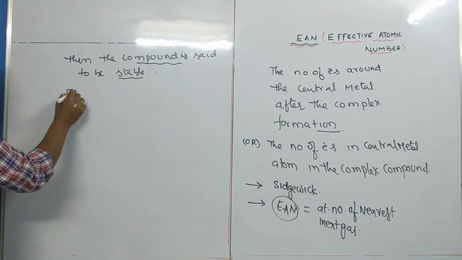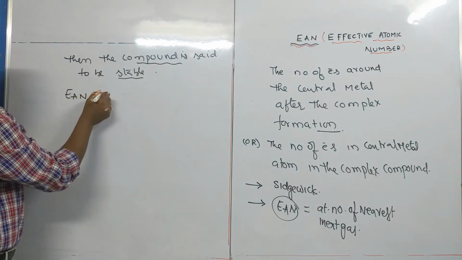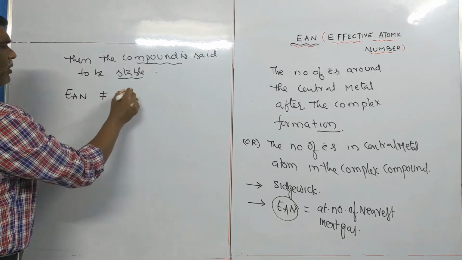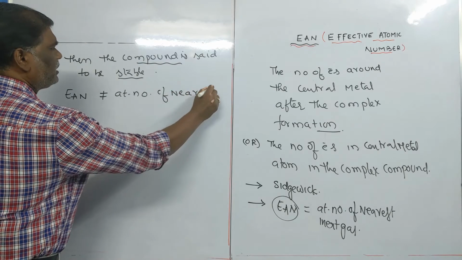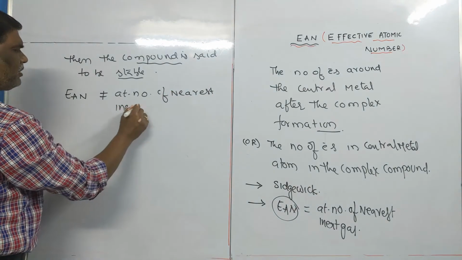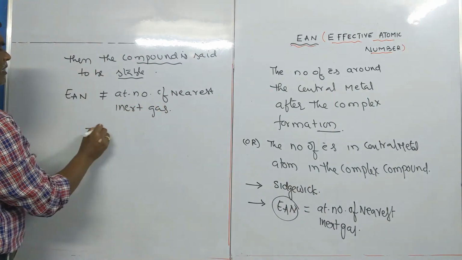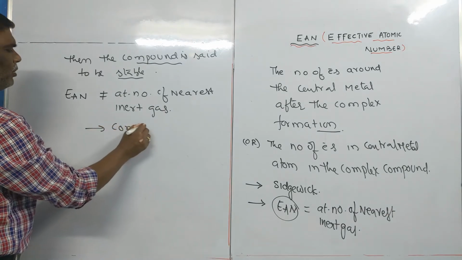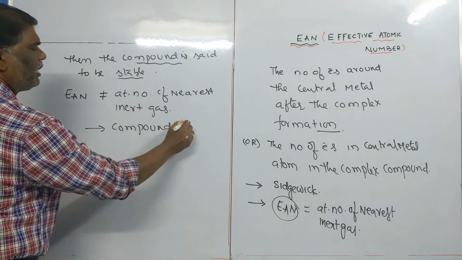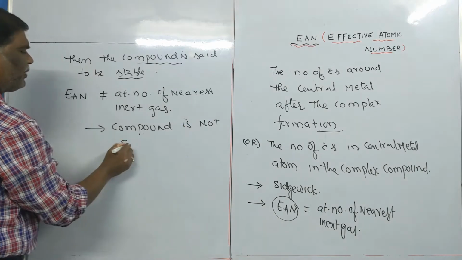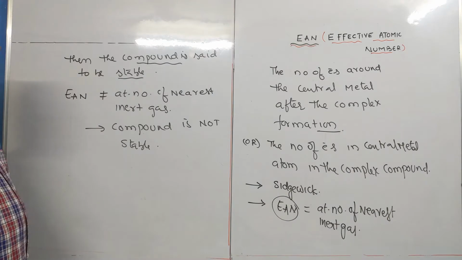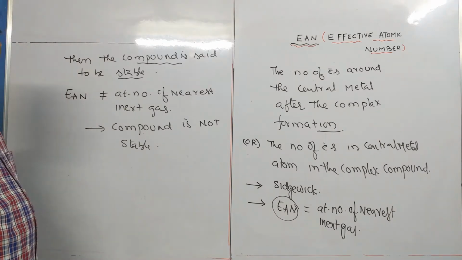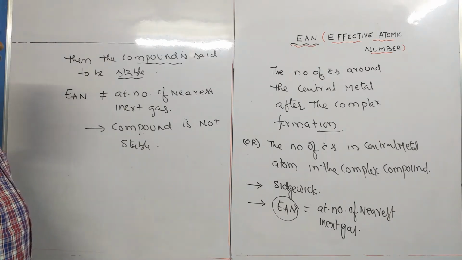If it is not equal to the atomic number of the nearest inert gas, then the compound is less stable. Thus, to explain the stability of a complex compound, Sidgwick proposed the rule known as the EAN rule.